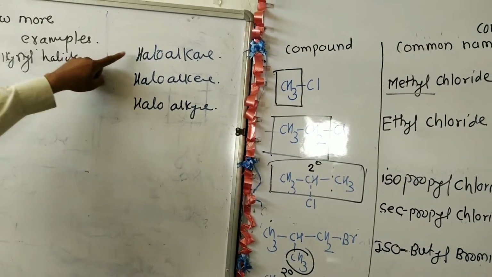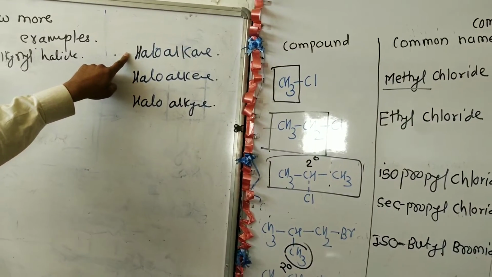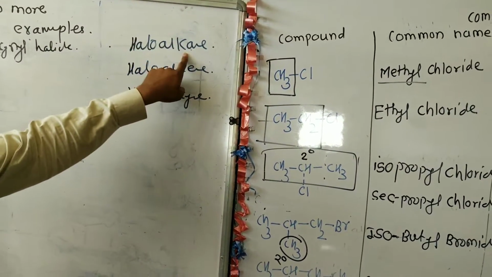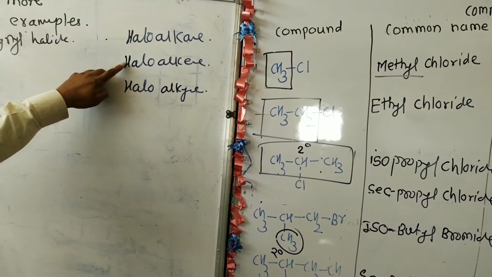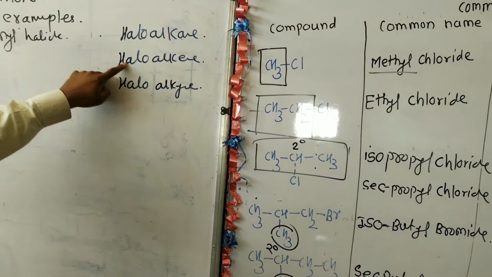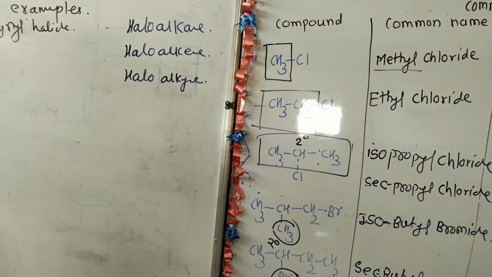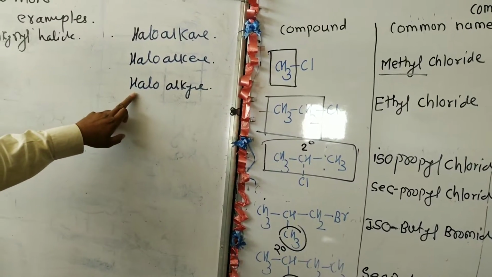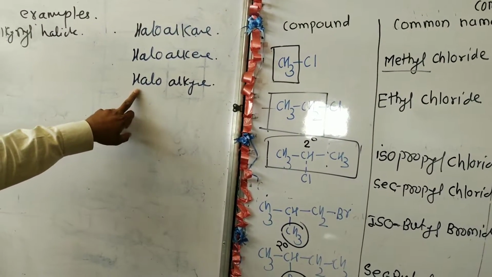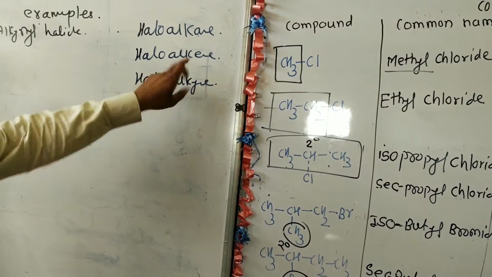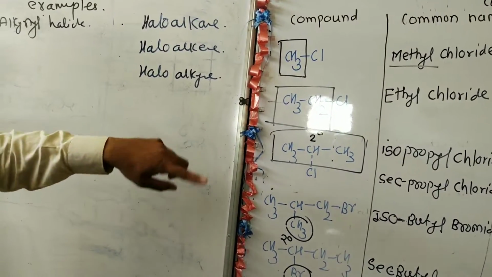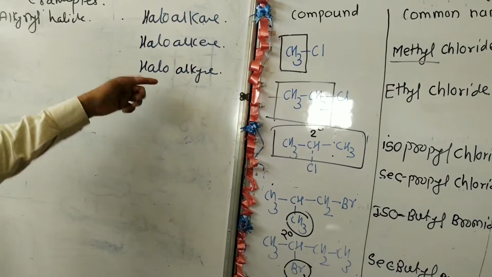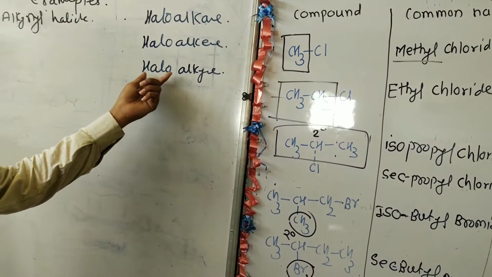So alkyl halide in IUPAC is called haloalkane. Then vinyl halide in IUPAC name is called a haloalkene, and allyl halide is also called haloalkene, and very important, propargyl halide or chloroacetylene comes under the haloalkyne.